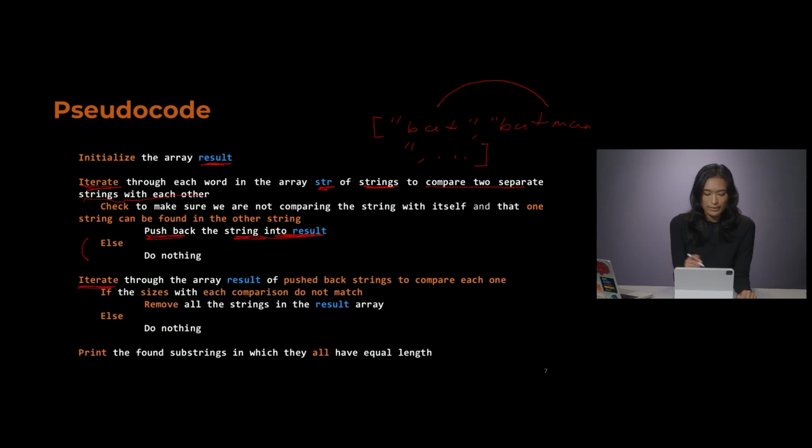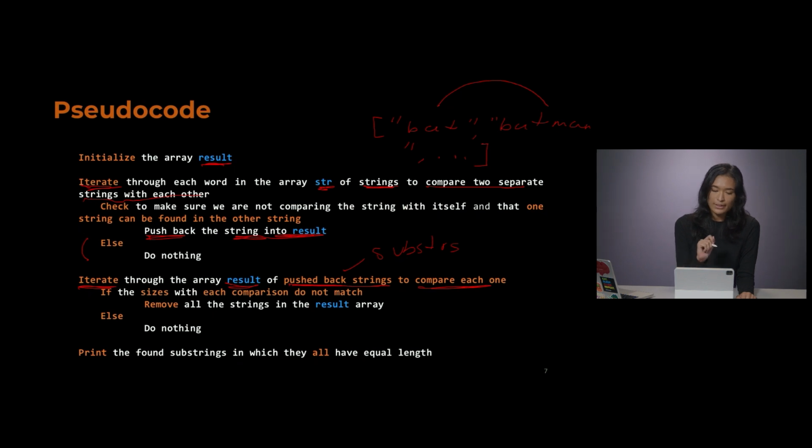After doing nothing with our else statement, we are going to iterate through the array result of pushed back strings. Those are the substrings that we found, to compare each one. And when I say compare each one, you'll note that this isn't exactly necessary, and we'll get to that upon our improvement for the pseudocode and solution.